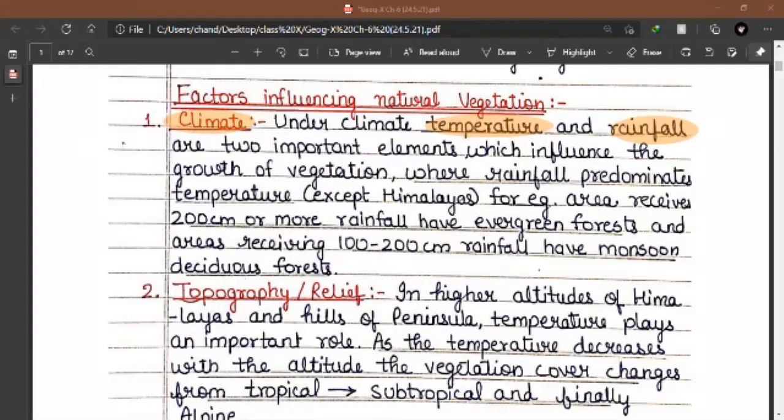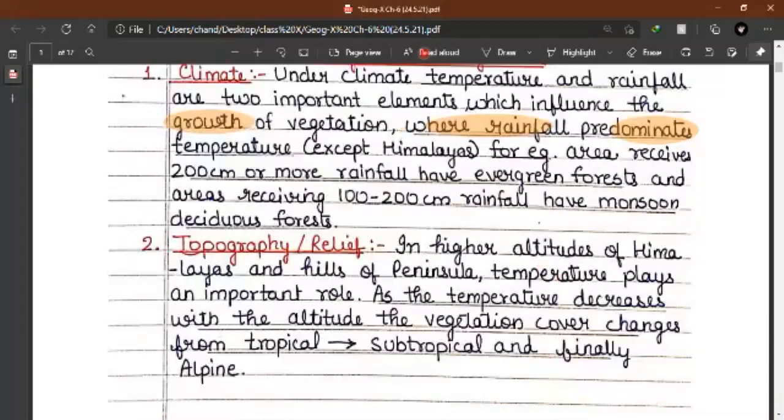For example, areas receiving 200 centimeters or more rainfall have evergreen forests, and areas receiving 100 to 200 centimeters of rainfall have monsoon deciduous forests. The second factor is topography or relief.